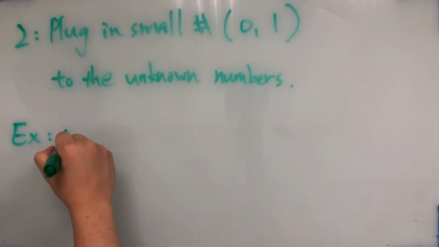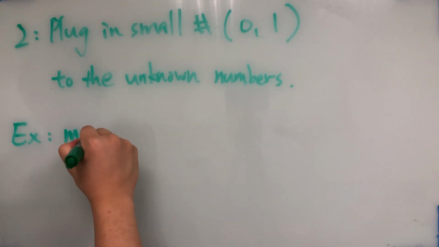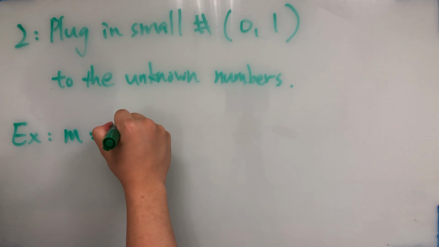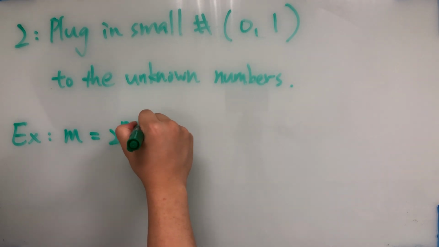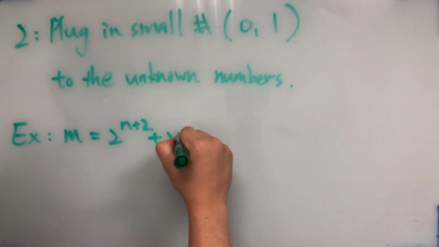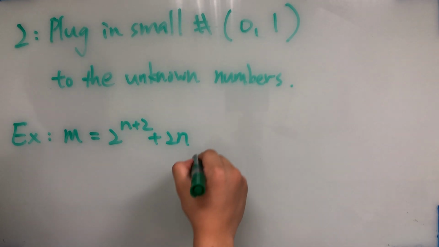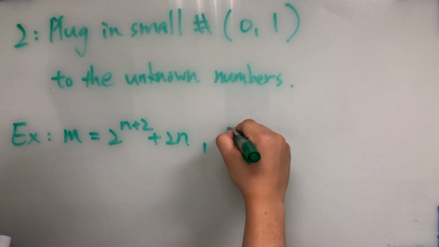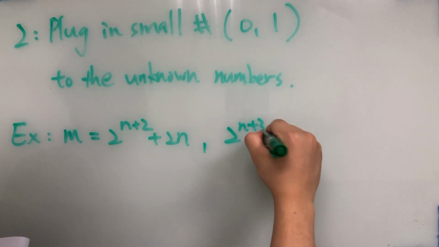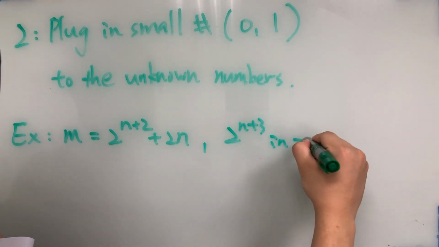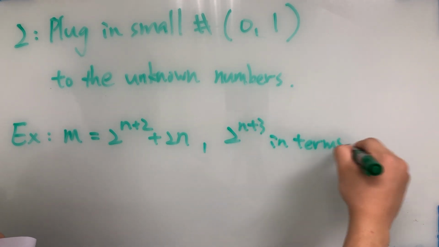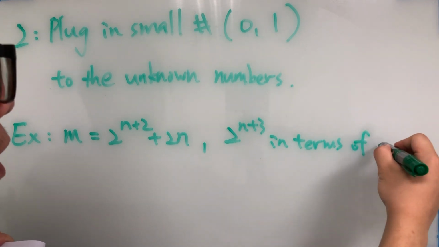Okay, this one's a little bit more complicated. It says m is this, and it asks us how to express this in terms of m.